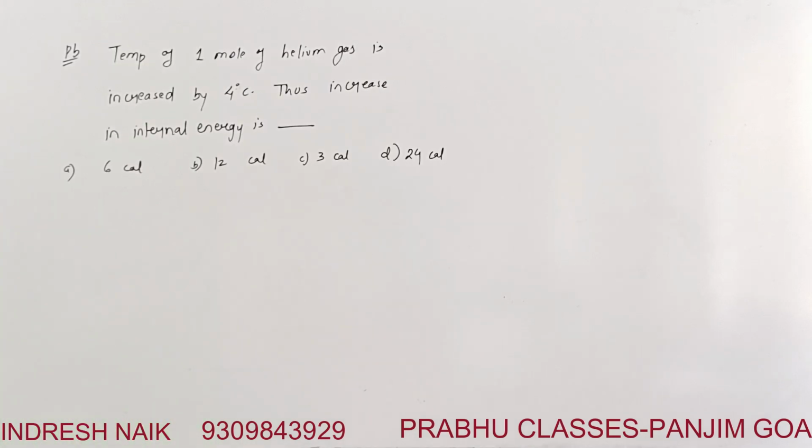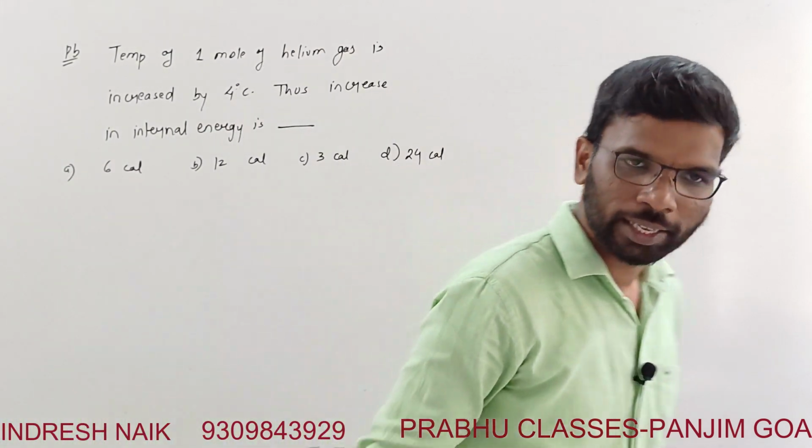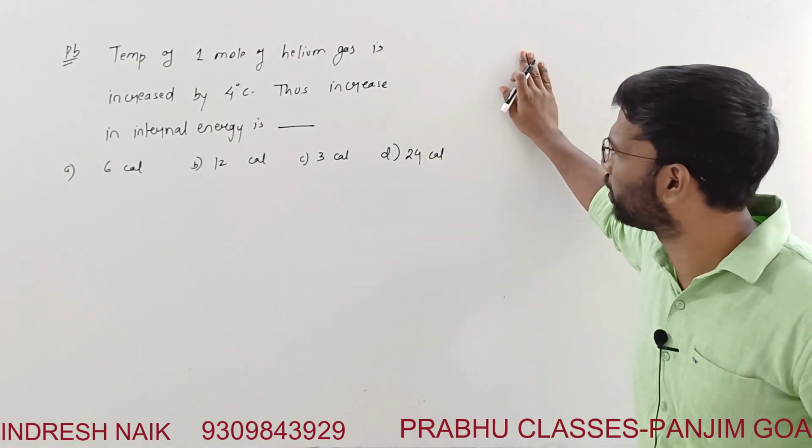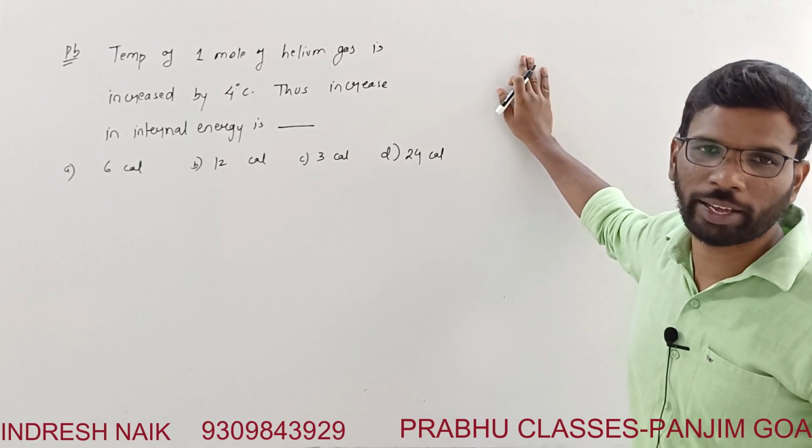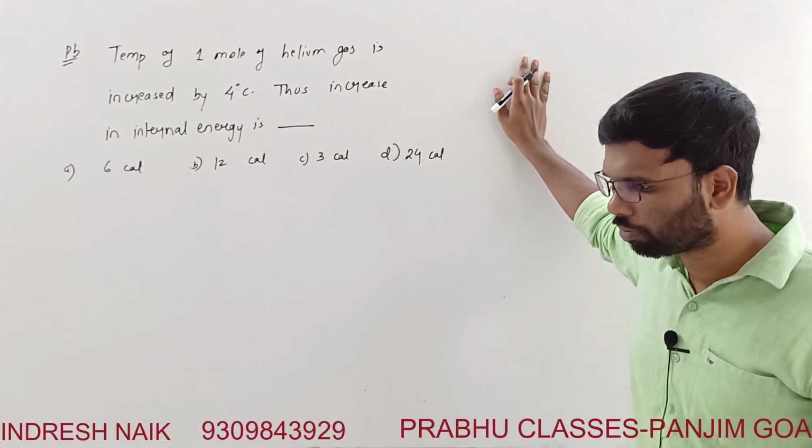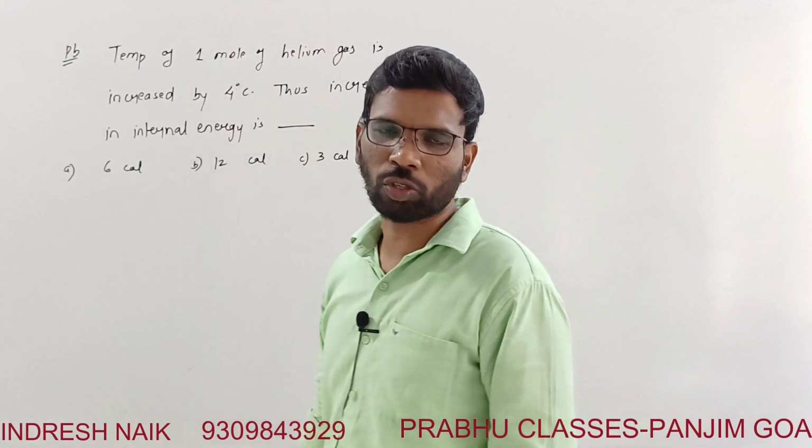Okay, here is a question. Temperature of 1 mole of helium gas is increased by 4 degrees Celsius. Thus the increase in internal energy is? This question could be solved based on heat capacities.